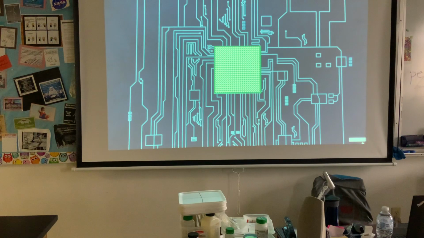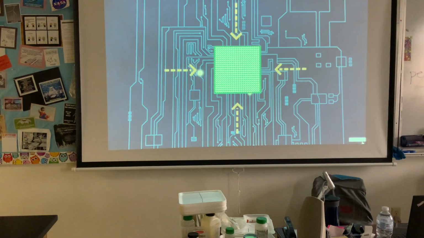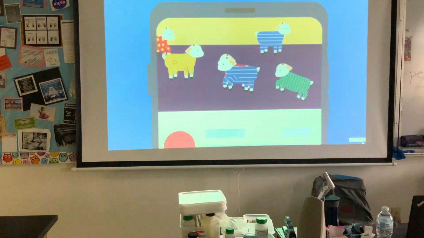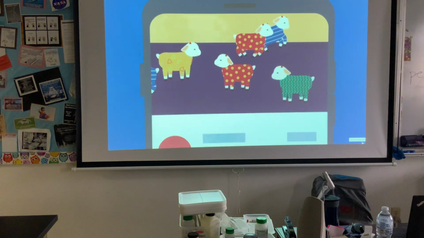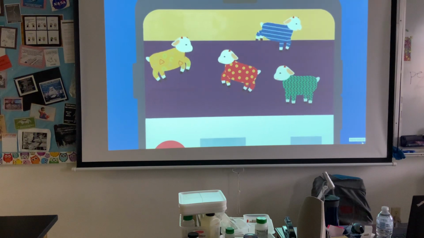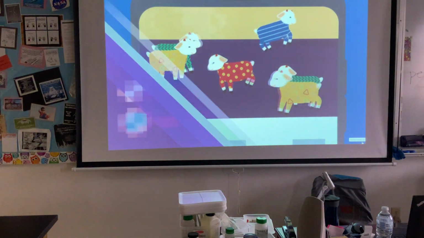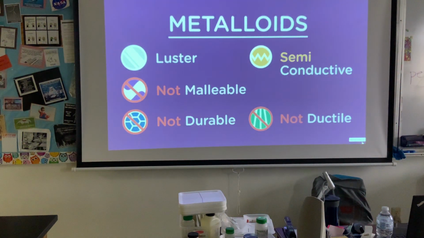Your processor is like the brain of your smartphone. Similar to the human brain, it receives signals from different parts of your phone and translates them into instructions for action, like opening YouTube so you can watch the latest video of baby goats in pajamas. Like metals, metalloids have luster, but unlike metals, they're not malleable or ductile, so they break apart easily.